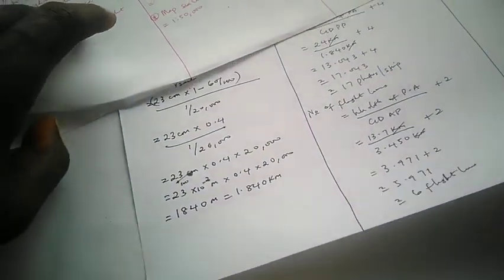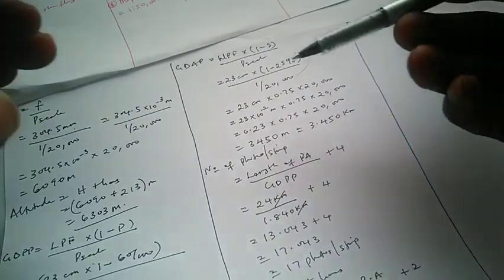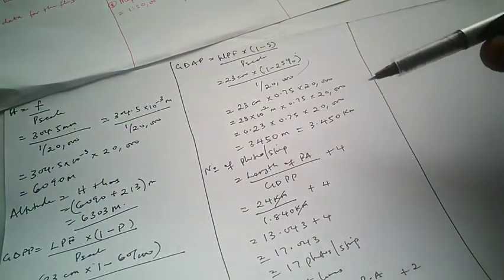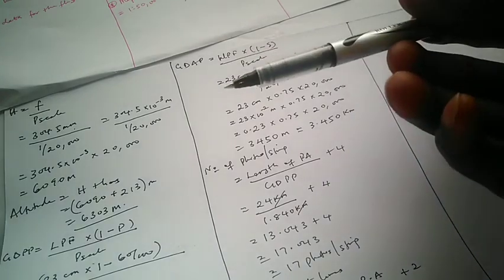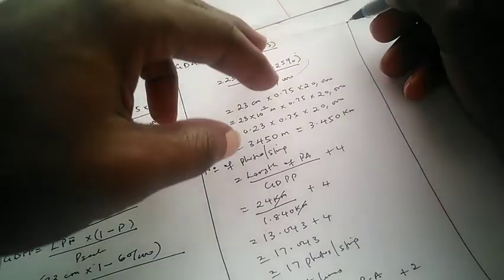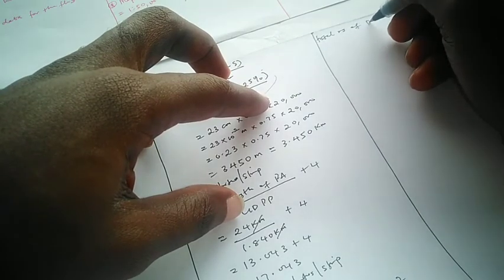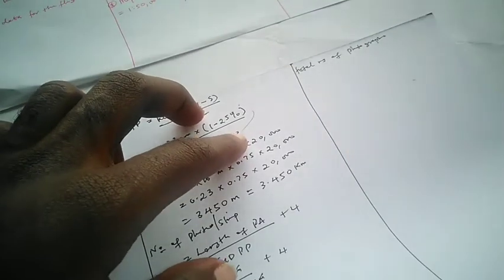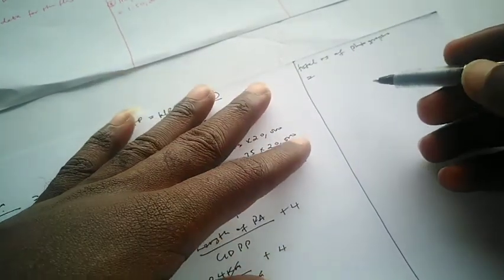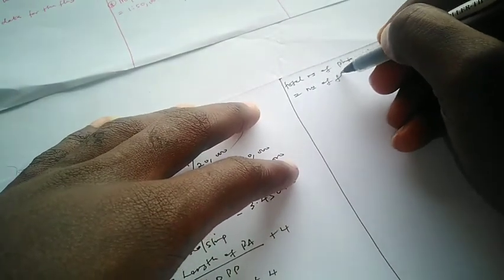Then the next thing we want to get is the number of photographs. That means the total number of photographs that will be captured during this particular flight planning. As we got from the set of formula, the total number of photographs is equal to the number of flight lines times the number of photos per strip.